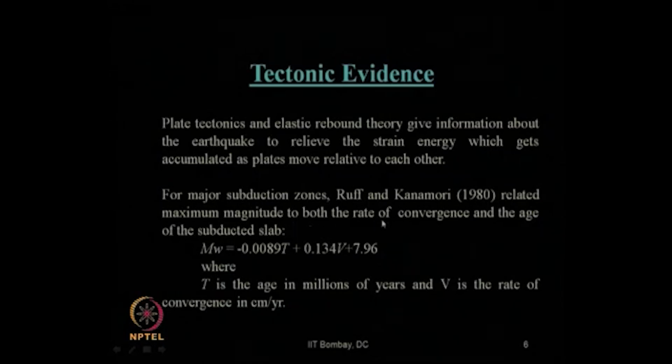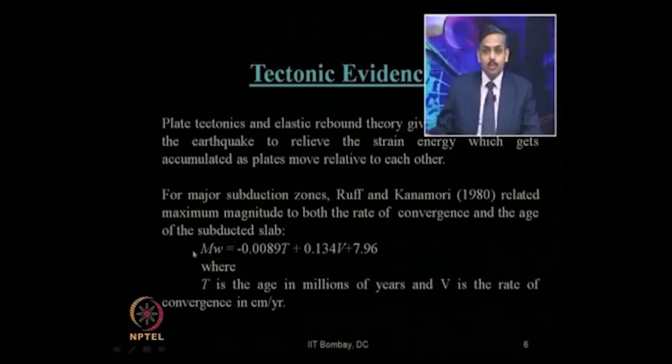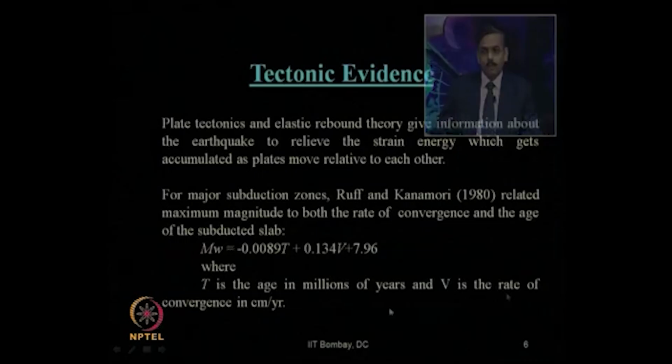Either you can use the maximum available historical earthquake data value for MW for your hazard analysis, or if you do not have well documented historical data, from the recent data given by the geologist you get the values of T and V, and use this equation to get the maximum possible earthquake which can occur in that subduction zone due to the plate tectonic movement. Clear?